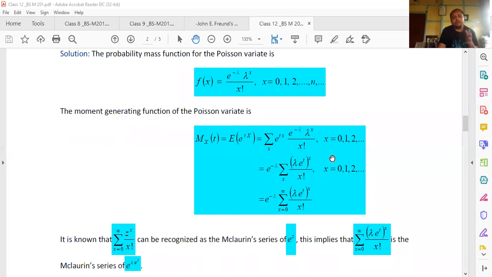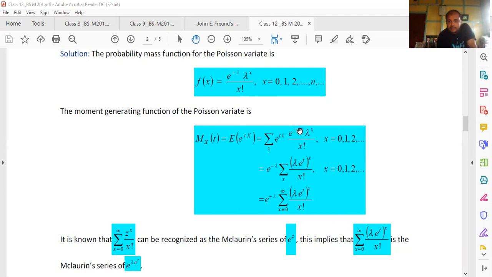Now, I'm not actually putting the entire series, because I want to get some sort of function in terms of the variable t. I'm not interested in the entire series. So I'm doing a trick over here.